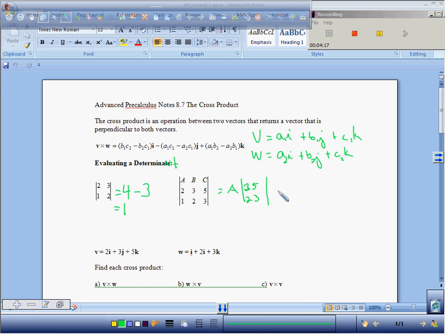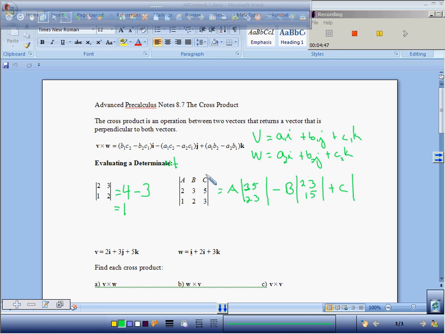Then it goes minus B times, and you cross out B's column and the top row, and you get the determinant. You see where that came from? It's what's left over when you cross out B's column and B's row. Why is it a minus B? Just the way the pattern works, it goes plus, minus, plus.